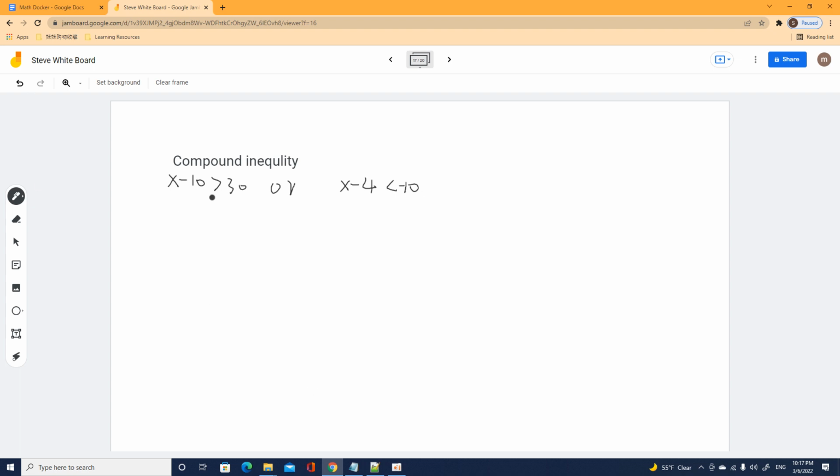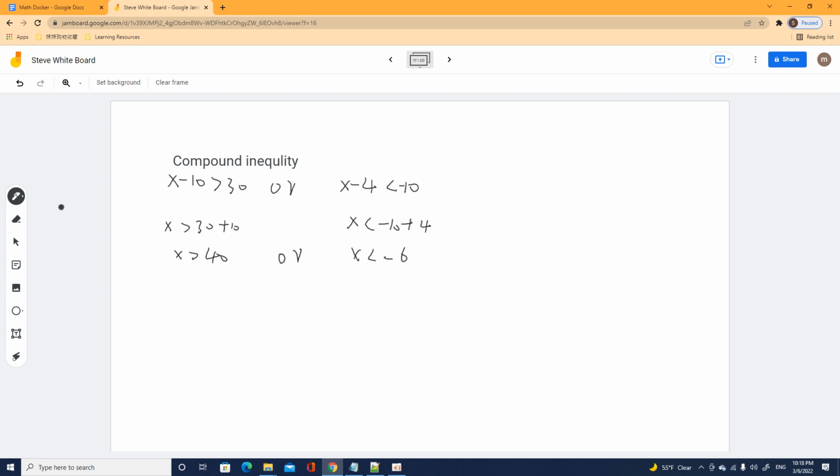Basically, they have two inequality expressions. We solve this one by one. First, we solve the first one, x greater than something. Then we solve the second one. So that's the result.